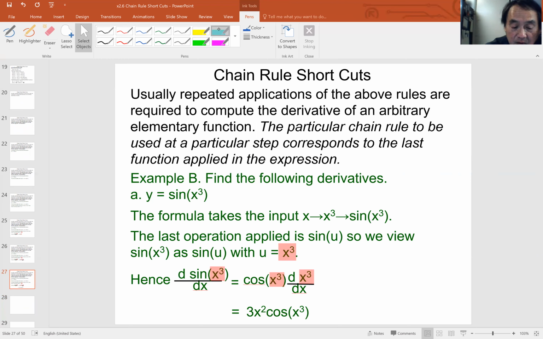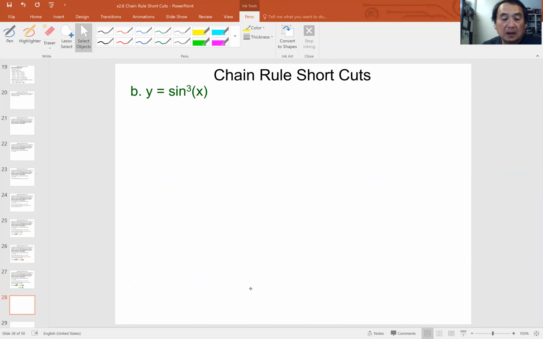Again, notice we have cosine of the original u, the original x cubed, but then multiplied by its derivative, u prime.